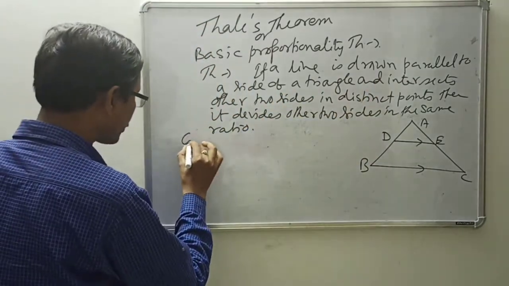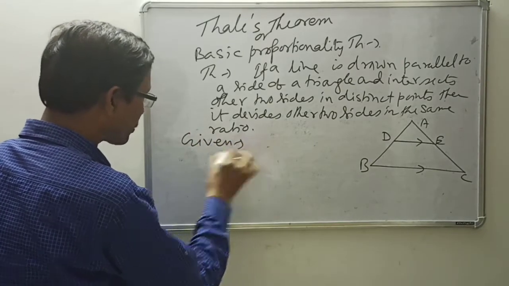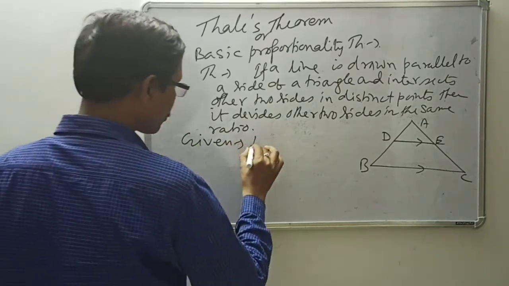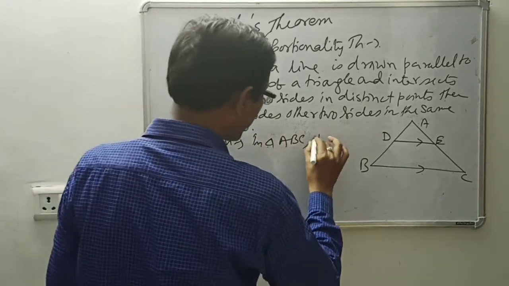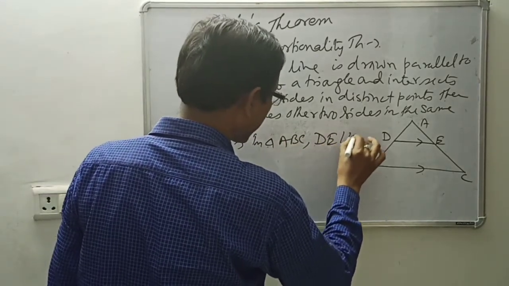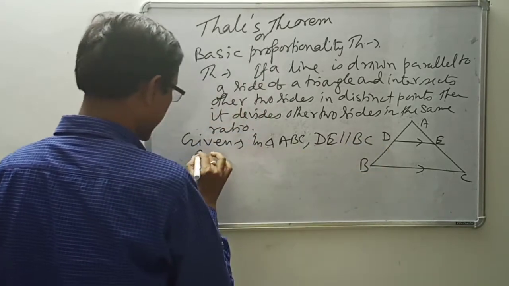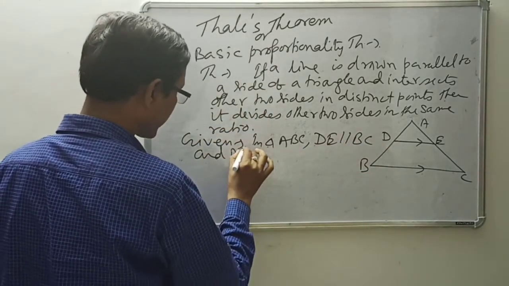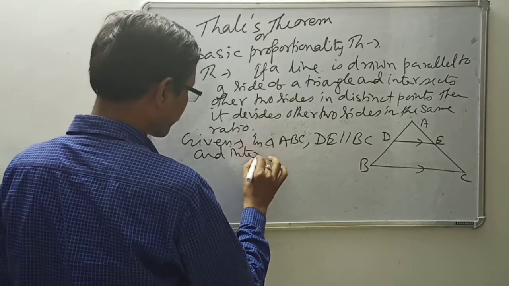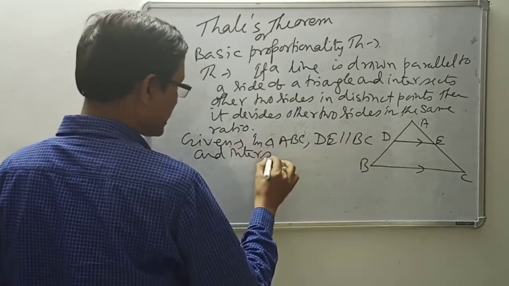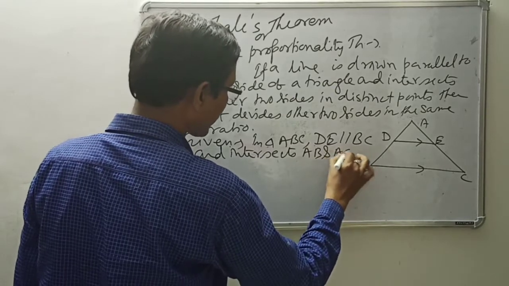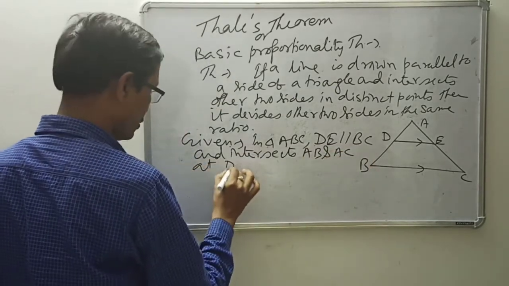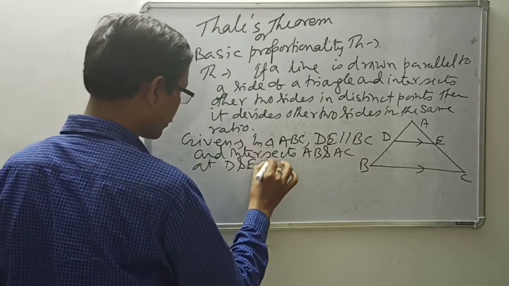So from that point of view, given, if you want to write: in triangle ABC, DE is parallel to BC and DE intersects AB and AC at D and E respectively.